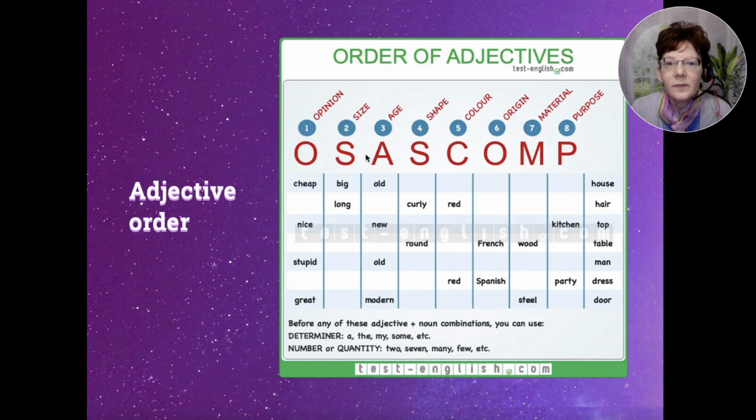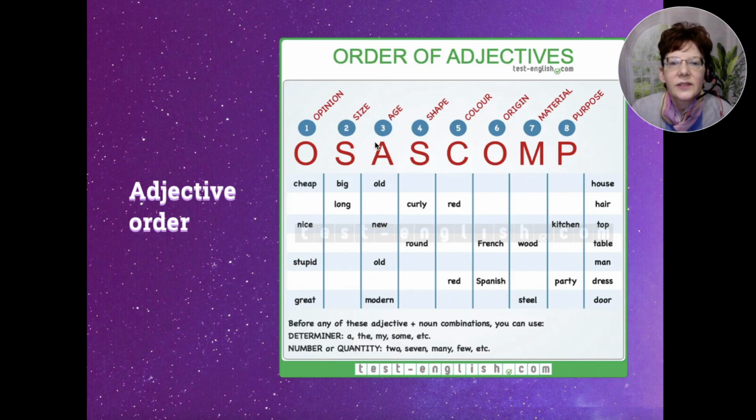Next comes size, anything describing size: big, long, small. After size comes age. For example, you describe something as old, new, modern, anything like that.